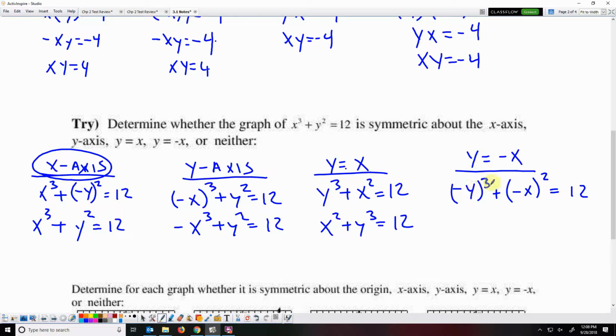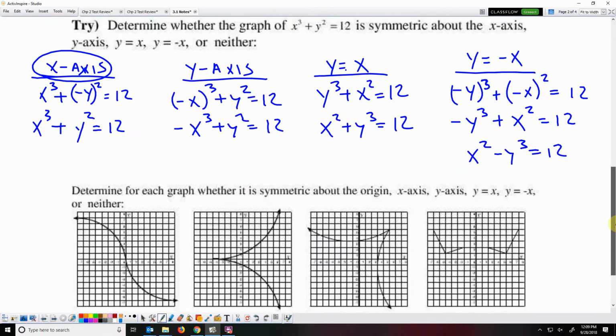So -y cubed is the same as the opposite of y cubed, that odd power does not cancel the negative. Here's an even power, it does cancel the negative, so that's the same as positive x squared. Okay, so now I can put that x squared in front, minus y cubed. I've done as much as I can. My signs aren't matching the original, my exponents aren't matching the original. There is no symmetry about y equals negative x.